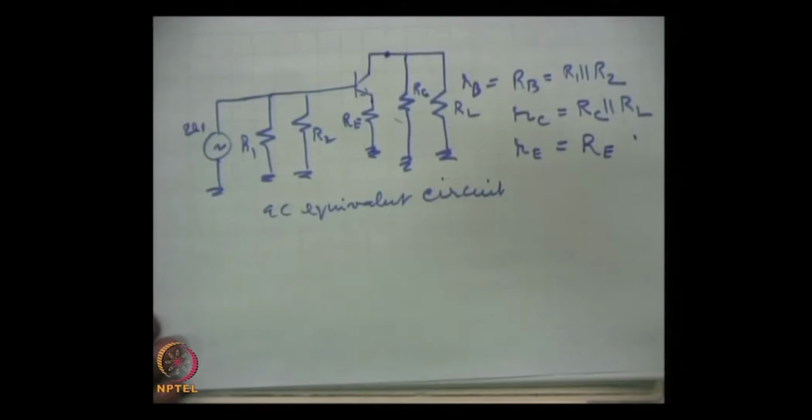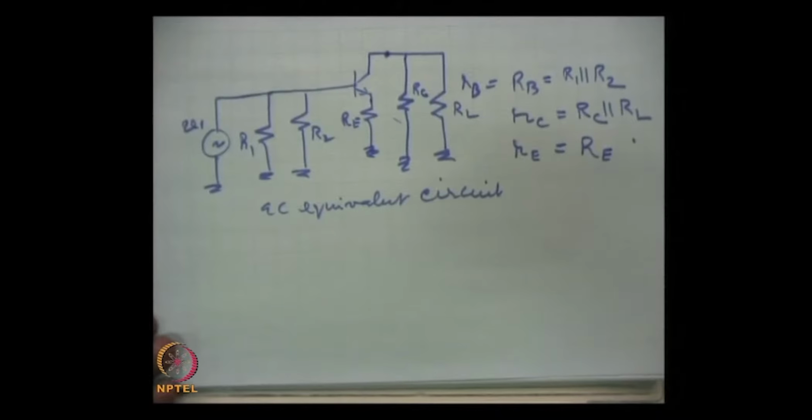Now, the input impedance, how we define, how we find input impedance for any circuit. We simply apply a test voltage and we measure the current flowing. So, the ratio of the two by simple Ohm's law will be the impedance.